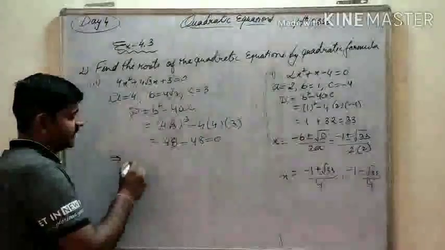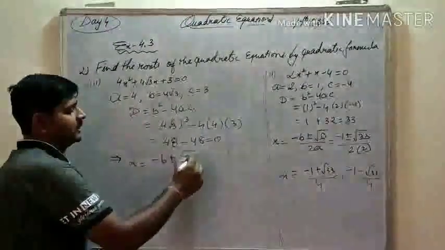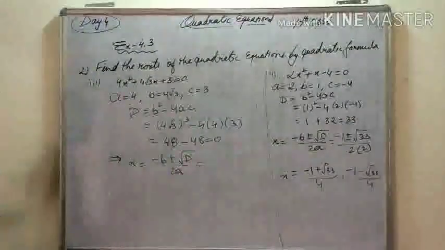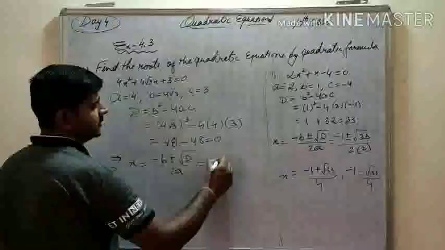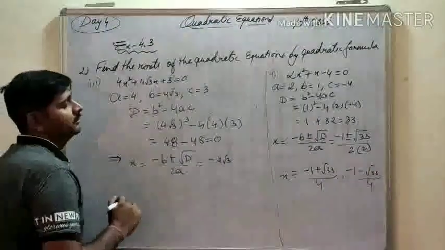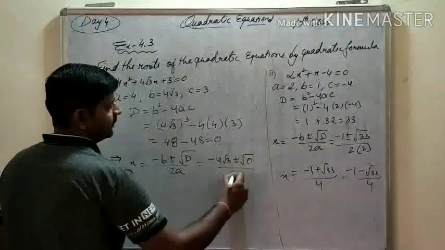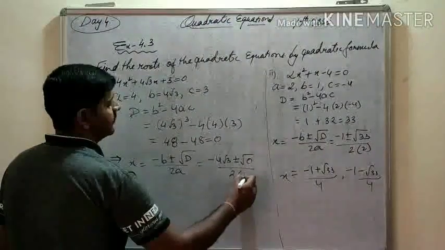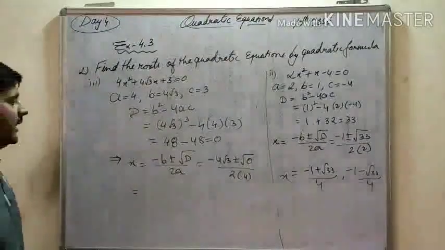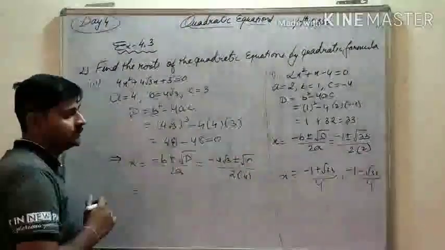Now we will apply the formula, which is minus b plus minus the square root of d upon 2a. And b is 4 root 3, so minus 4 root 3 because of the minus sign in the formula, plus minus the discriminant, that is 0, upon 2a, and a is 4. So finally we have two equal real roots because the discriminant is 0.